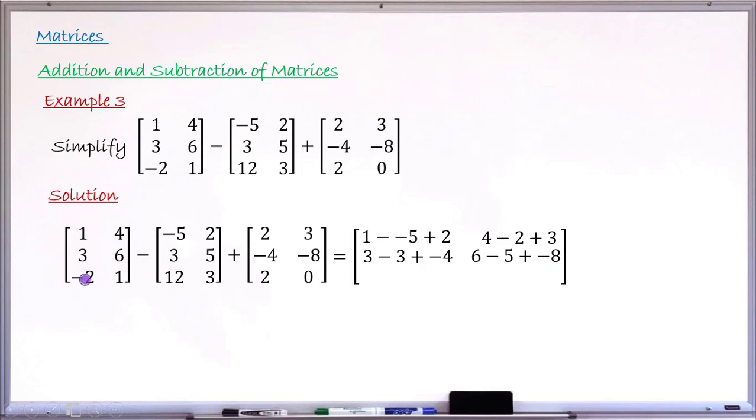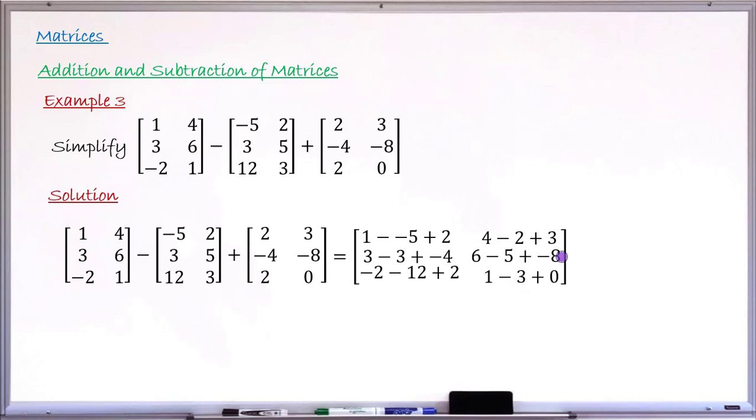I'll move to the last row. Minus 2, minus 12, and 2 are in corresponding positions, so I have minus 2 minus 12, then plus 2. And the last one: 1, 3 and 0 are in corresponding positions, so I have 1 minus 3, then plus 0.